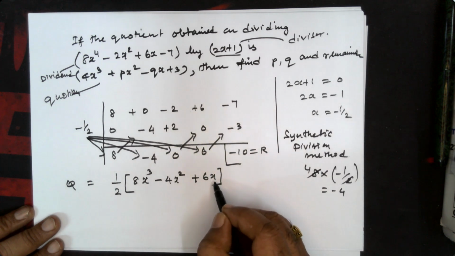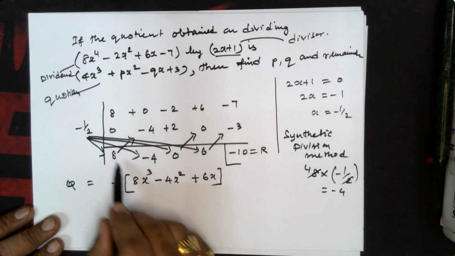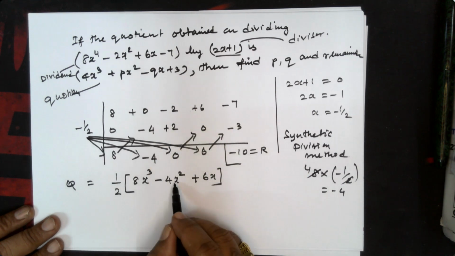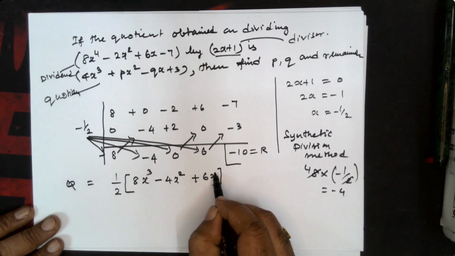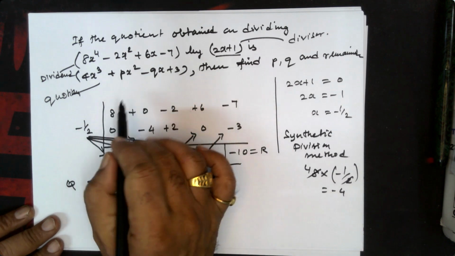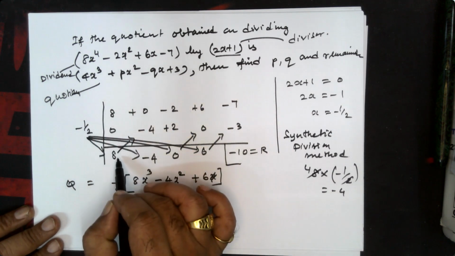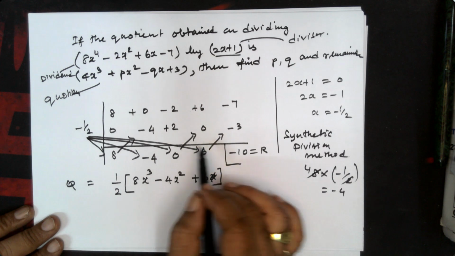6x only, 0x, 0x squared. 8x cube, minus 4x squared, next 0x, correct. Next 6 only. So cube, squared, then x, 0x, and 6.